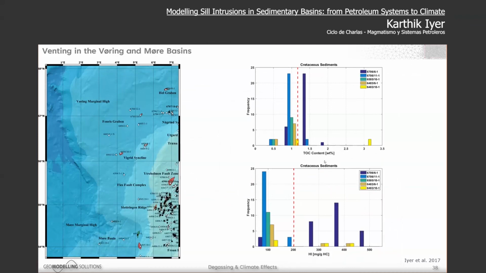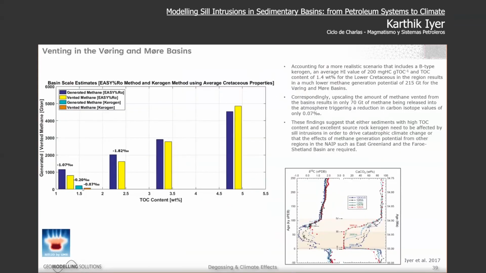The 200 HI and 0.5% TOC. So if we account for that and take into account also the Organofacies method, a more rigorous method of determining how much gas comes out of it, we only get up to a maximum of 0.2 per mil.